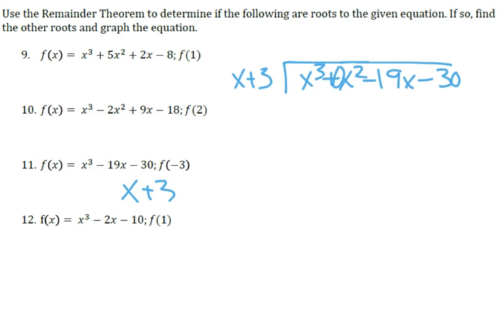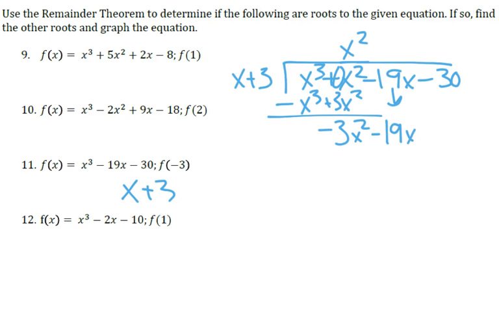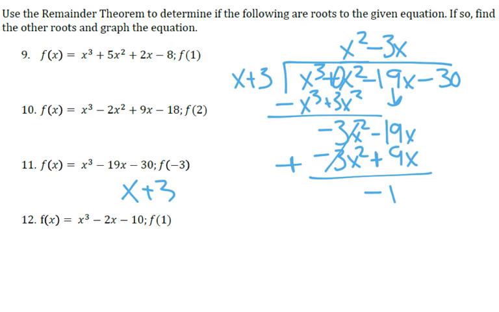So multiply by an x squared to get x cubed plus 3x squared. Subtract it, get a negative 3x squared. Bring down a negative 19x. So negative 3x is what we're going to have to multiply by. Negative 3x squared minus 9x. Subtract. So that cancels. That becomes like a plus. So negative 19 plus 9 would give us negative 10x.